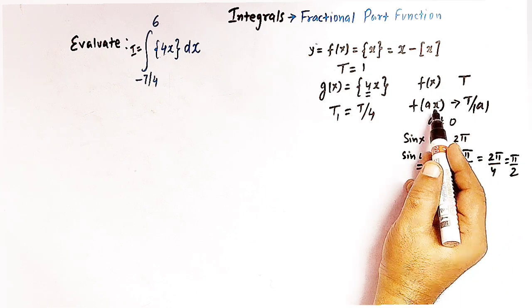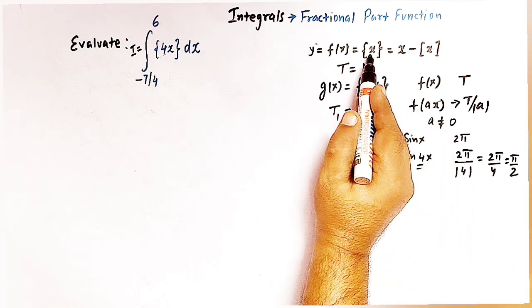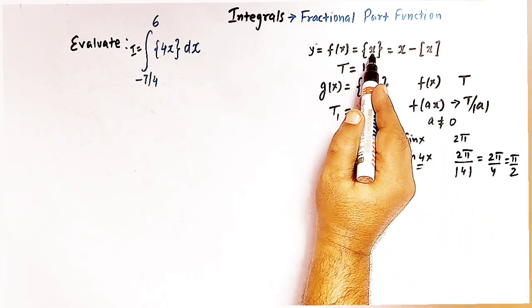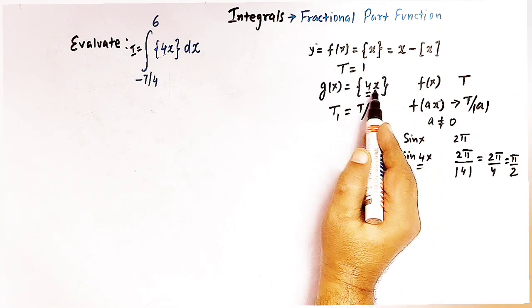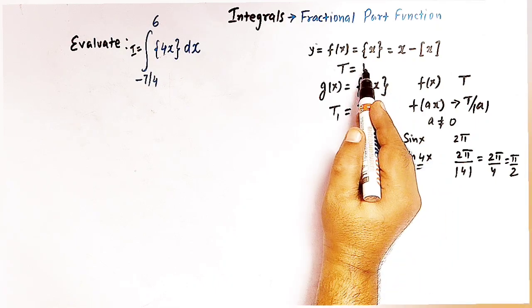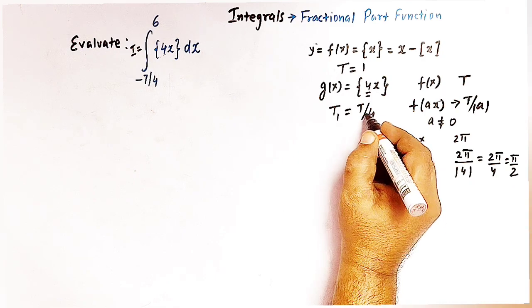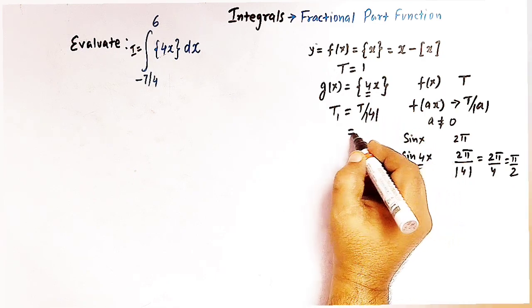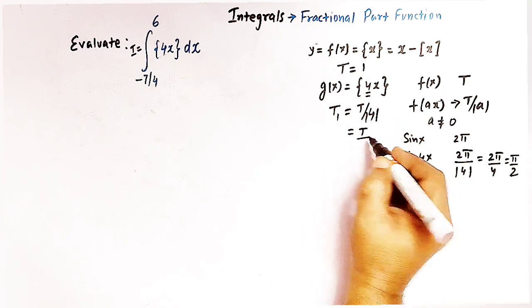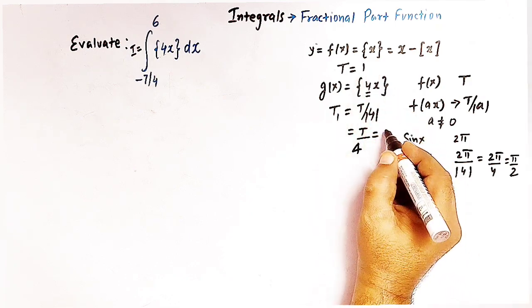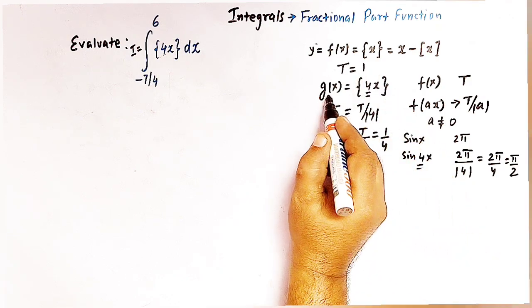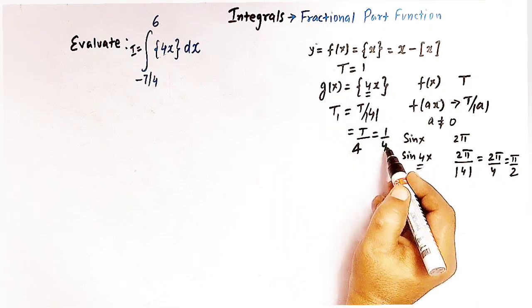So this concept is utilized here. The period of fractional part of x is 1, and the period of fractional part of 4x is given by 1 divided by the absolute value of 4, and that is simply T over 4, and T is 1, so we have the period of g of x as 1 over 4.